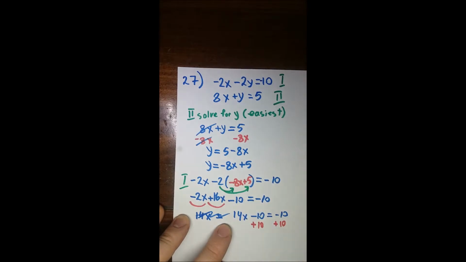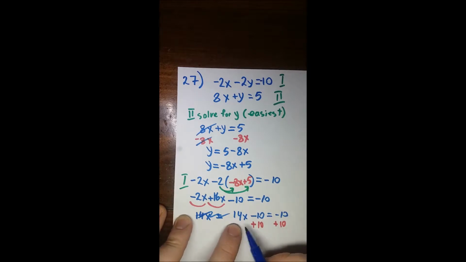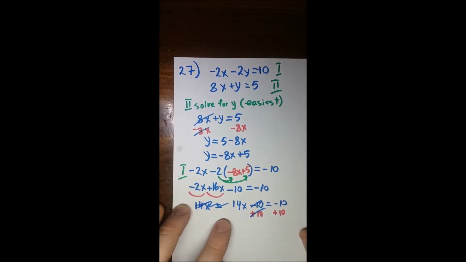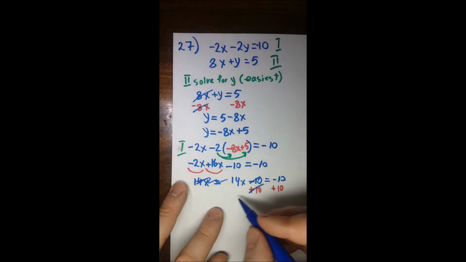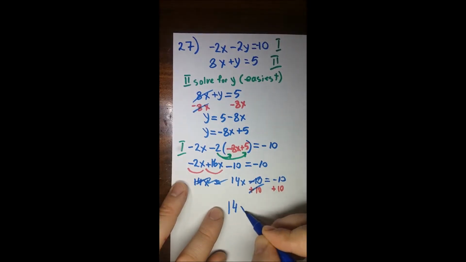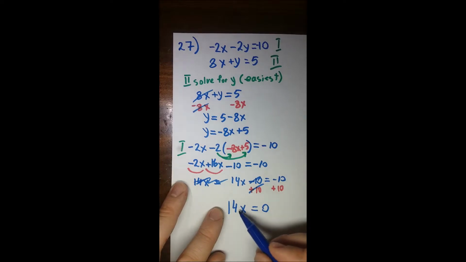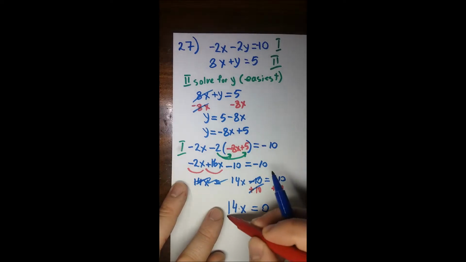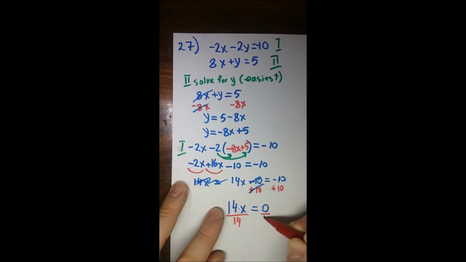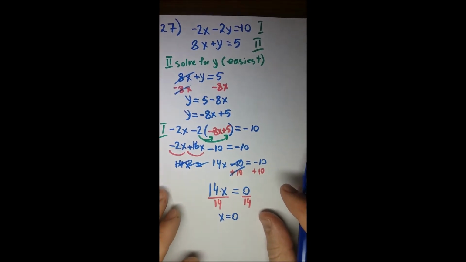We want to keep the variables on one side and move the constants to the other side. Look what's happening. 14x equals 0. Uh-oh. 14 times what equals 0? Well, we divide both sides by 14. 0 over 14 is 0, so x equals 0. This is done for x.